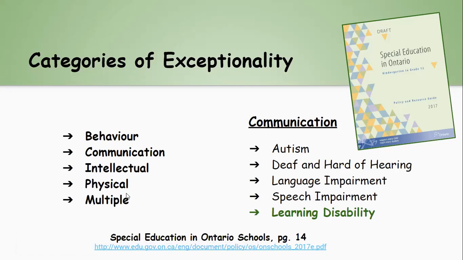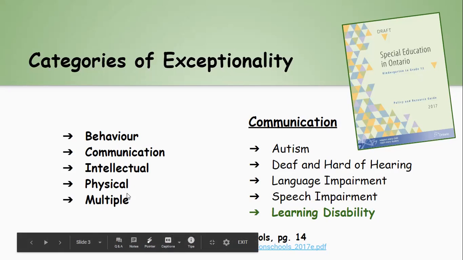Conversely, if that same student with ADHD is presenting with many academic needs or behavior needs in the system, then we may consider one of our identification categories for that student.